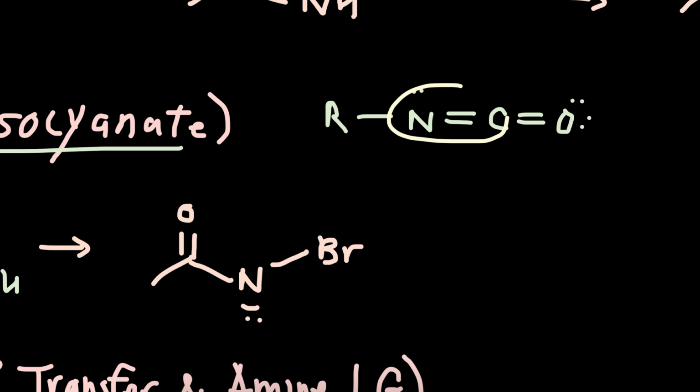So this bond will attack it here, and we don't want this bromine anymore, so we expel bromine, and we want a double bond between nitrogen and carbon. So we put this lone pair on the nitrogen here. That will get us an isocyanate.